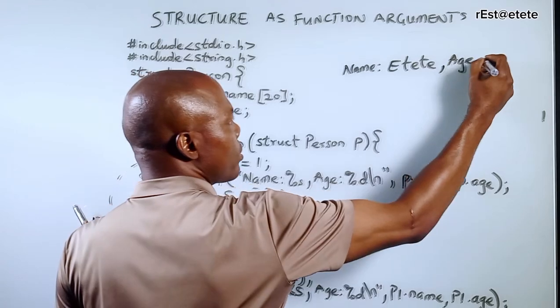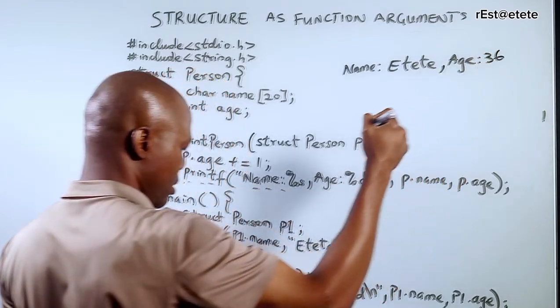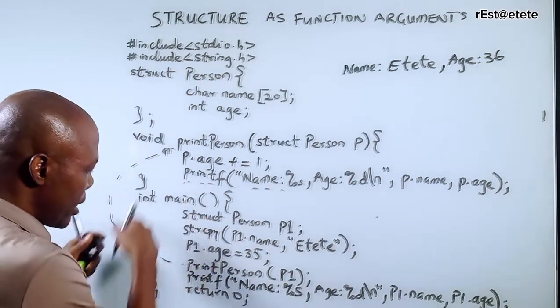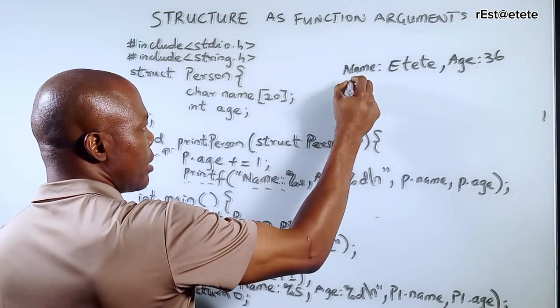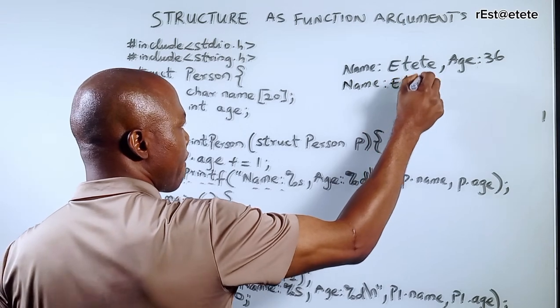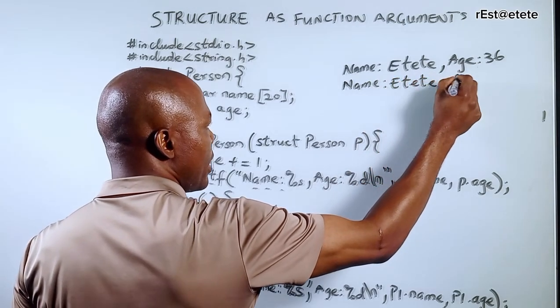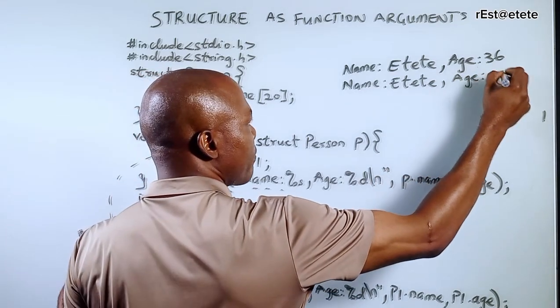So age is now what? Age is what? 36. Right? Then it will return back to this place. Then it will print out this one. Name. Etete. Age. This one will print out 35.